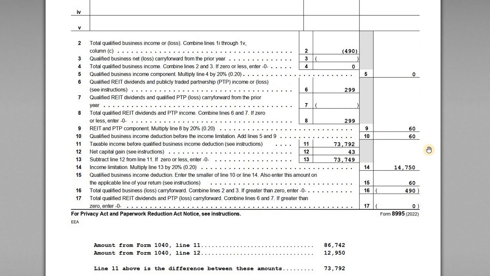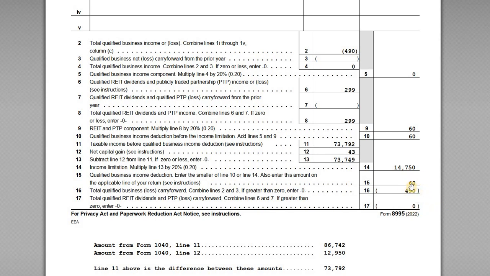And then, as I stated on the slide, right, even though these two are added up, so on line 10, right, we add lines 5 and 9, so it's totaled here, which is fine, but it's still subject to this overall taxable income limitation of 20% of your taxable income before that QBI deduction. So the income limitation is $14,750, so well above the $60. So he clearly is going to get this $60 deduction, and then again the $490 is carried forward.